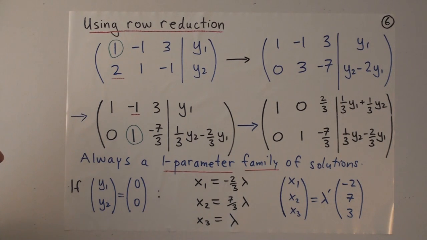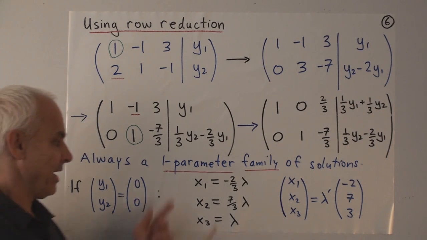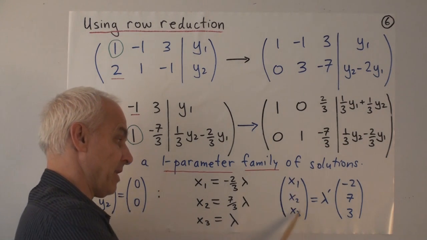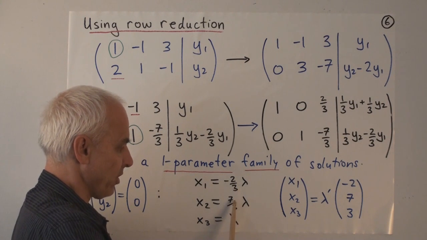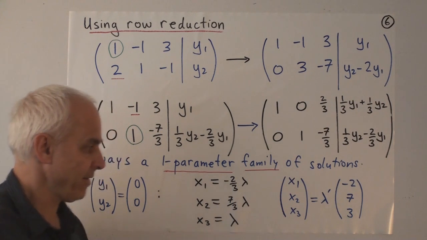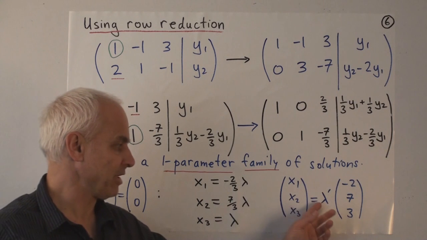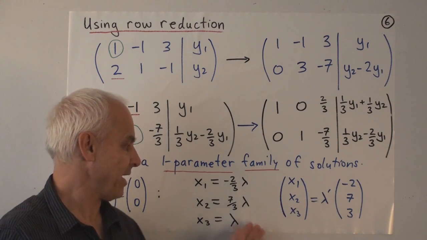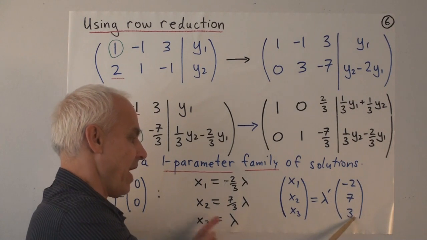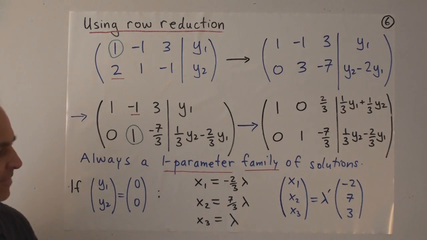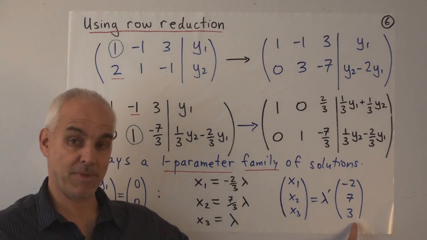So the solution to that system, Ax equals 0, is the vector x has to be some multiple of minus 2/3, 7/3, 1. And by scaling, multiplying by 3, we can get rid of the fractions there. Just make it minus 2, 7, and 3. And that's where that vector came in.